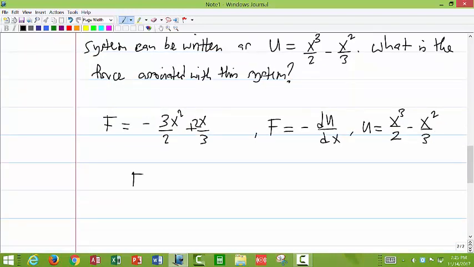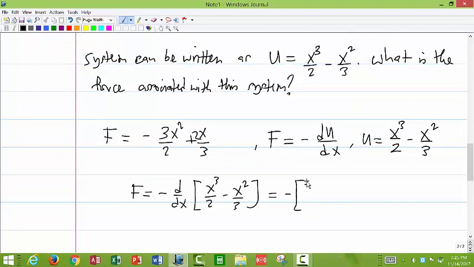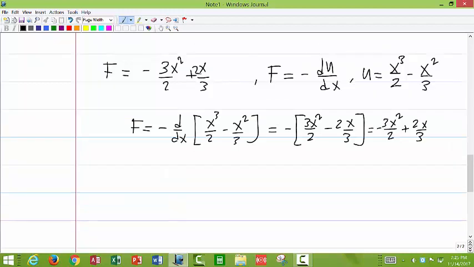It's going to be minus d/dx of x cubed over 2 minus x squared over 3. So this can be written as 3x squared over 2 minus 2x over 3. And then if you put the negative in, questions on that?